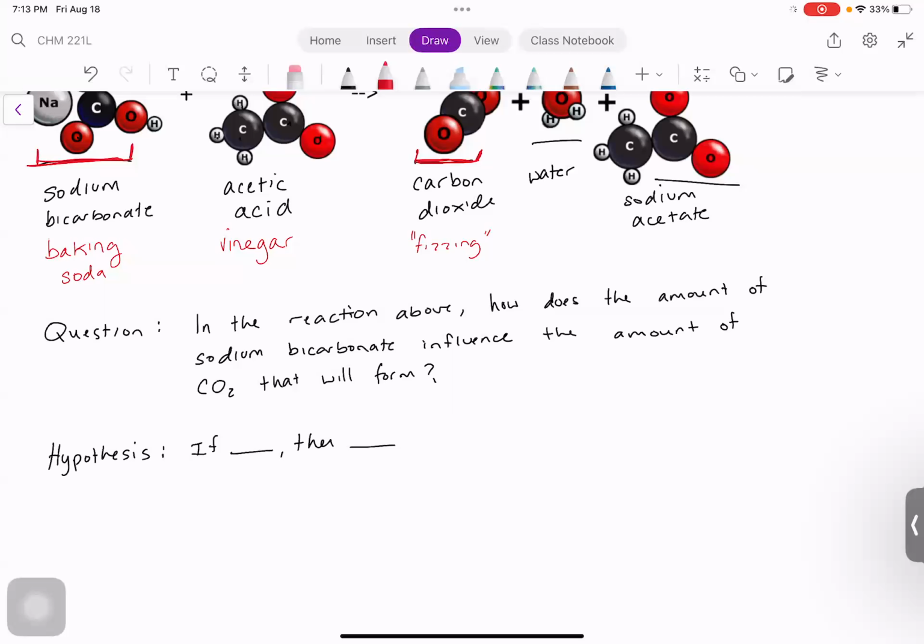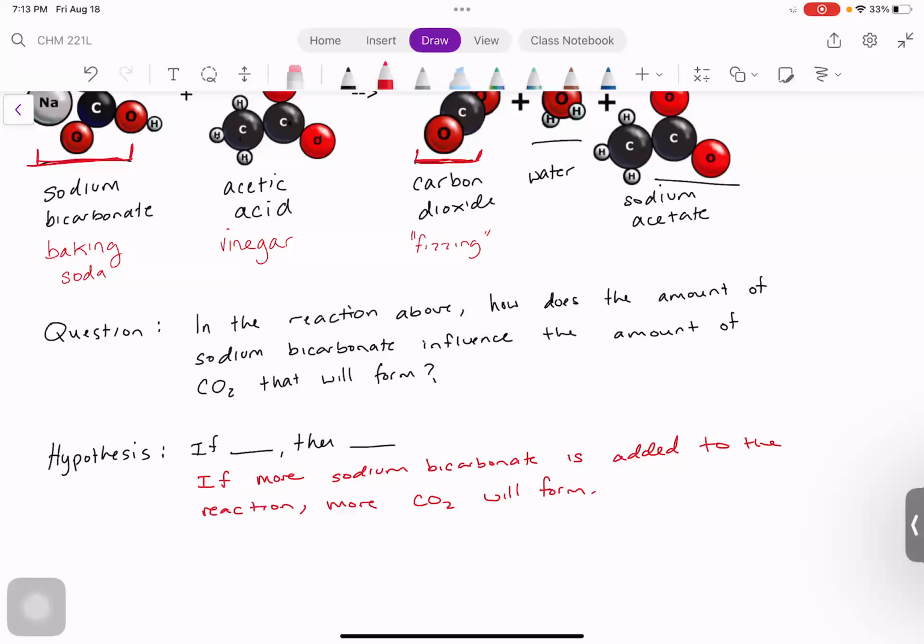So in this case, my hypothesis is going to be if more sodium bicarbonate is added to the reaction, more CO2, carbon dioxide, will form.